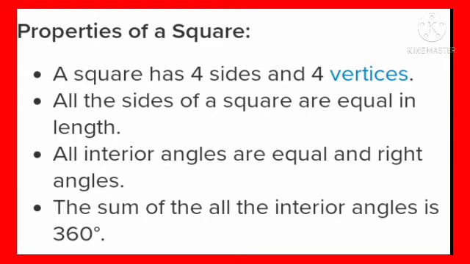A square has four equal sides and four vertices. All the sides of a square are equal in length. All interior angles are equal and right angles. The sum of all the interior angles is 360 degrees. The angle you will study in the upcoming classes.